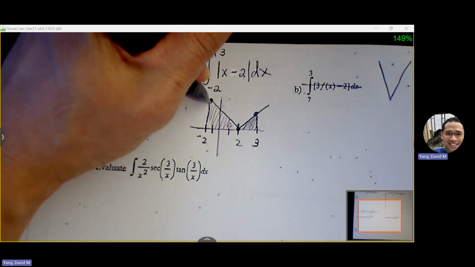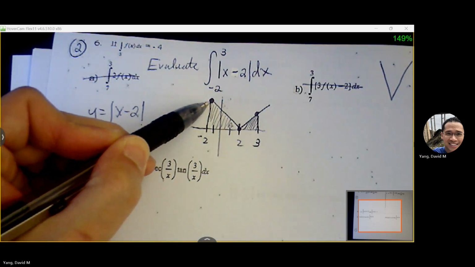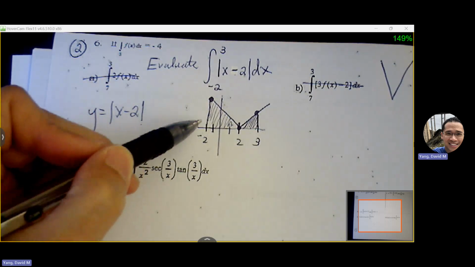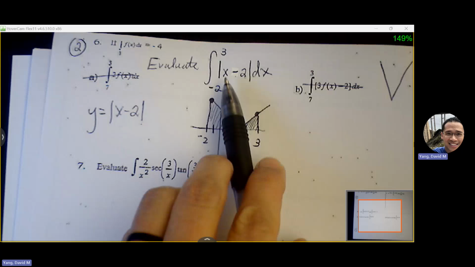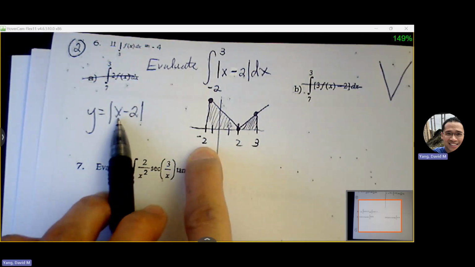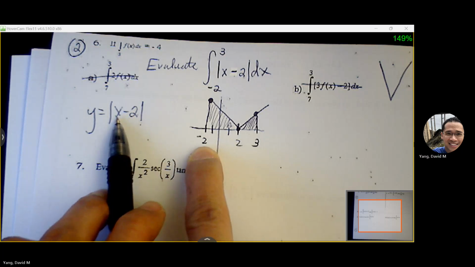So I'm going to find the location of this point because the y value will represent the height of my triangle, right? If I plug -2 into this function here, what's -2 minus 2? -4, right?